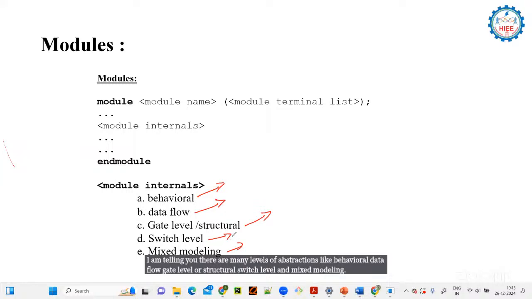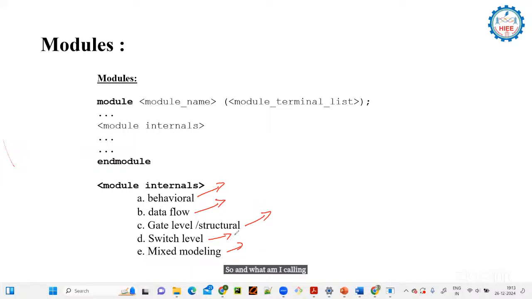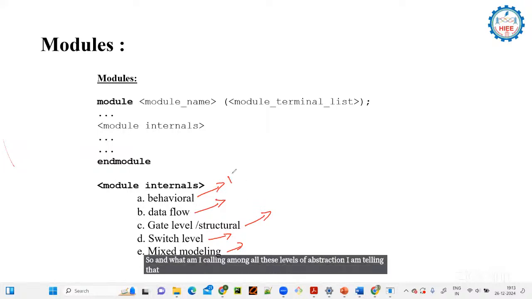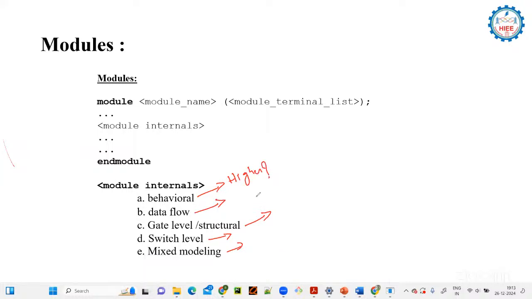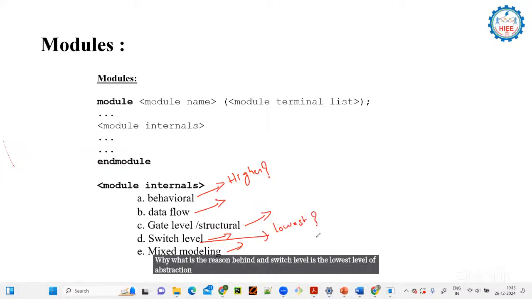Among all these levels, I am telling you that behavioral is the highest level of abstraction. Why? What is the reason behind it? And switch level is the lowest level of abstraction. Why am I calling them so? We will come to that point now.